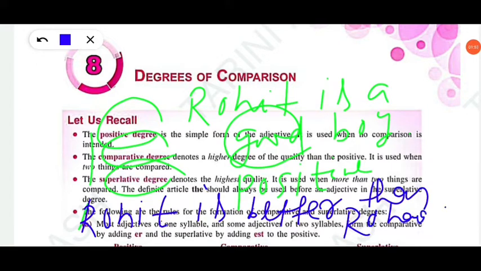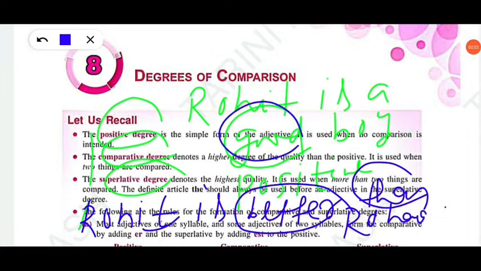Here comparison is made between two, Rohit and Rohan. So you have to use the comparative degree, better, and you also have to use than, right? Here good is the positive degree, and better is the comparative degree. If comparison is made between two, you have to use the comparative degree. Rohit is better than Rohan.